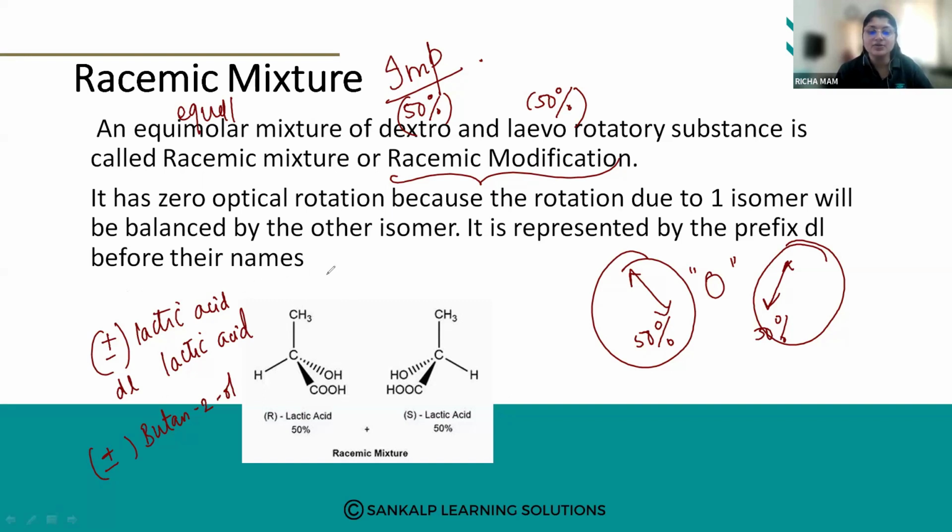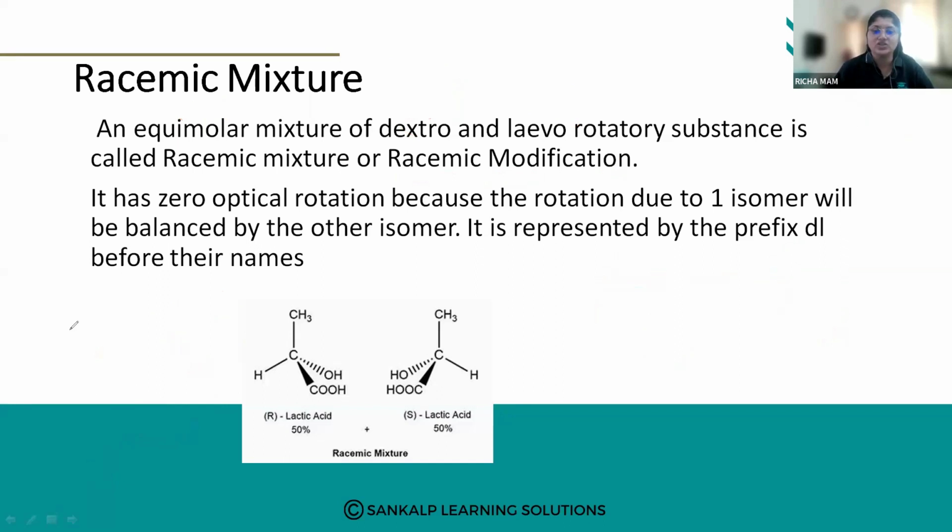The maximum number of optically active isomers for a compound with n stereo centers can be calculated by 2 raised to n. So this is about the racemic mixture.